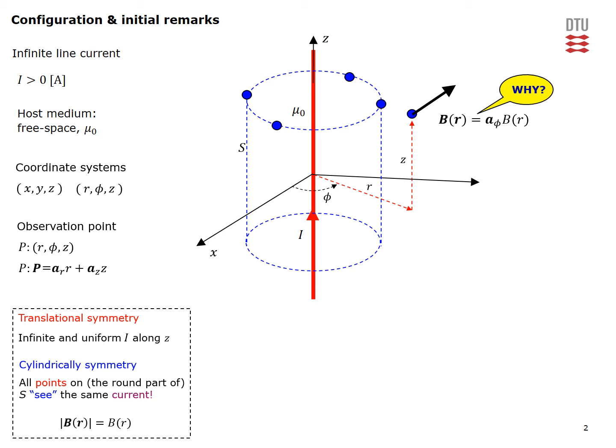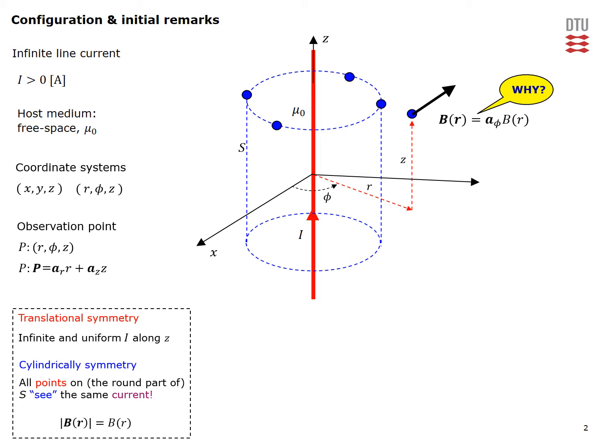And that's why the B field cannot be a function of phi coordinate either. So we conclude that the magnitude of the B field indeed only depends on the radial distance r.